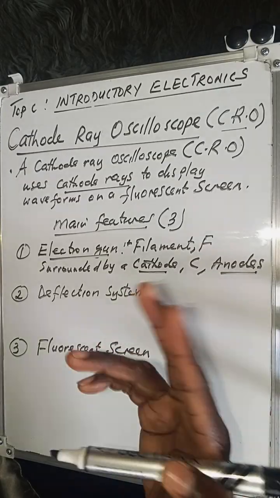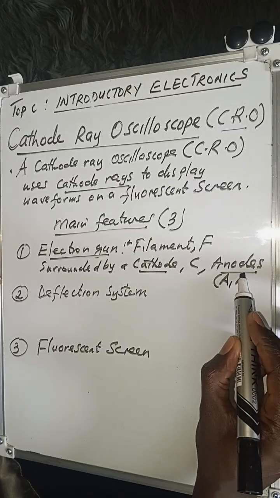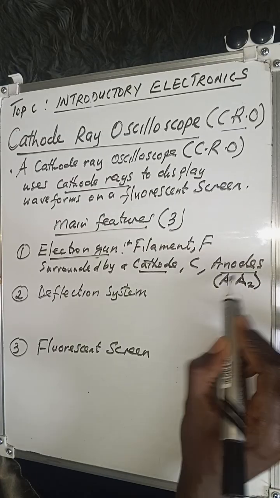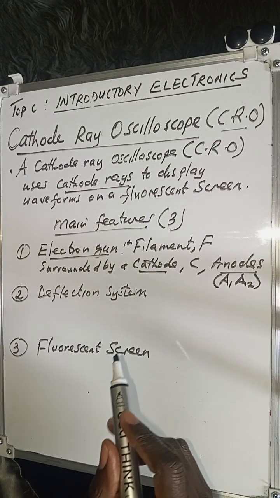You can have one anode or you can have two anodes. In my discussion, I have A1 and A2, two anodes, but it's possible to have just one.